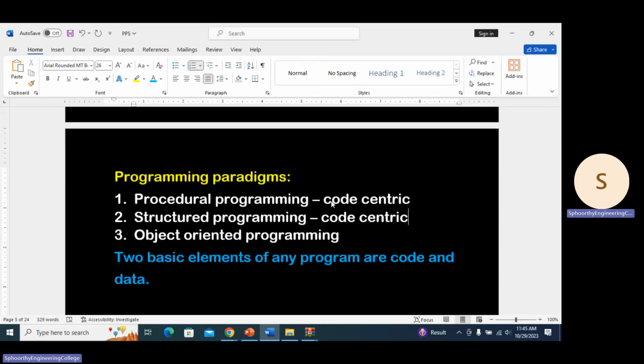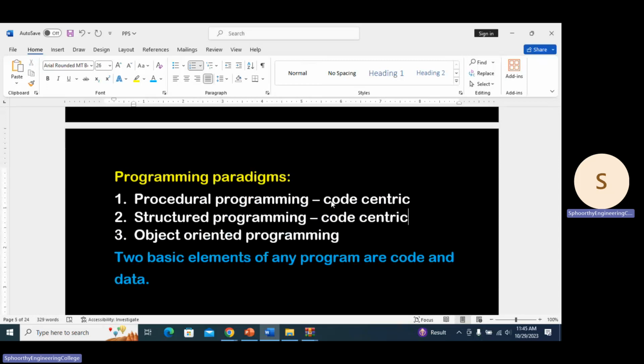Modularity can be introduced, structure is there, and reusability of code. Unnecessary repetition of the code is not there. So structured programming is comparatively better than procedural programming. But as far as basic elements are concerned, both procedural and structured programming are code centric.